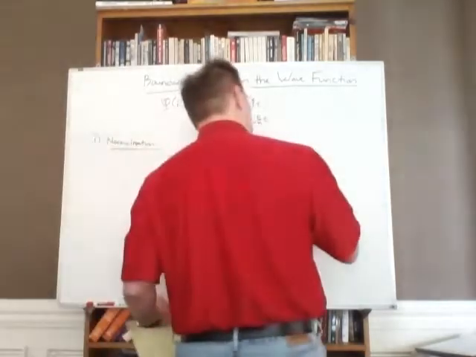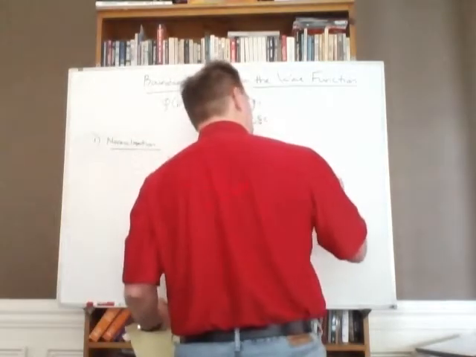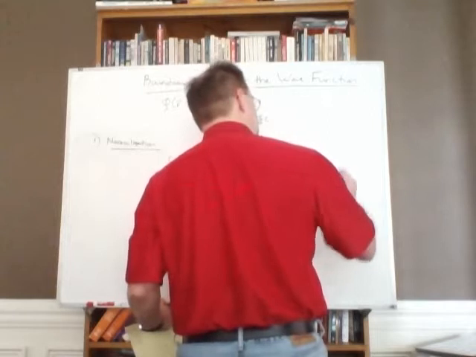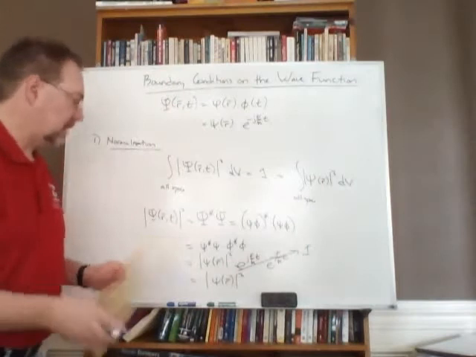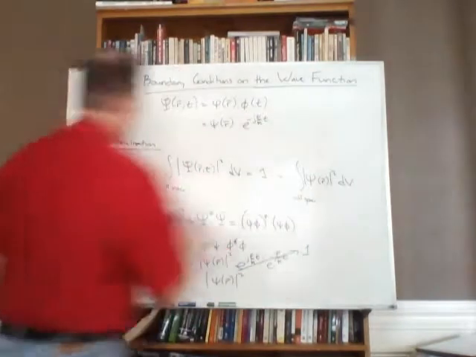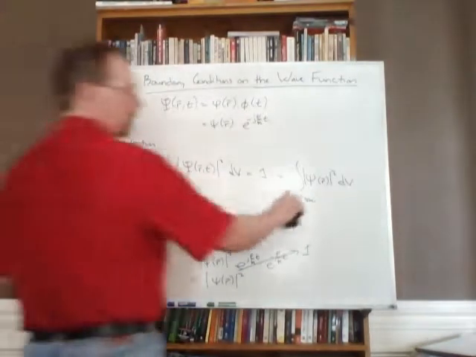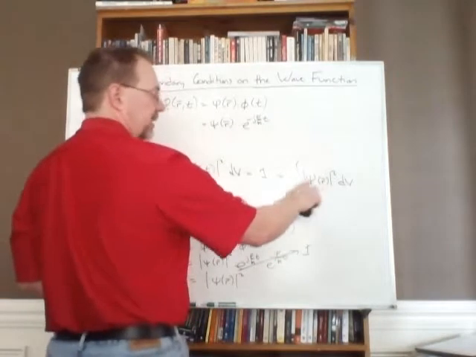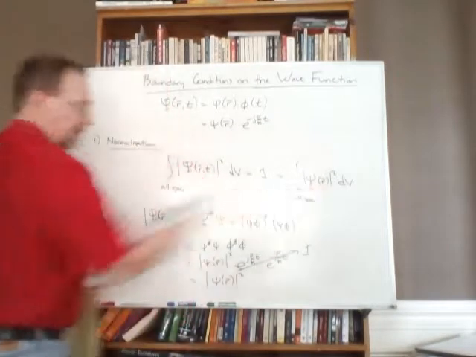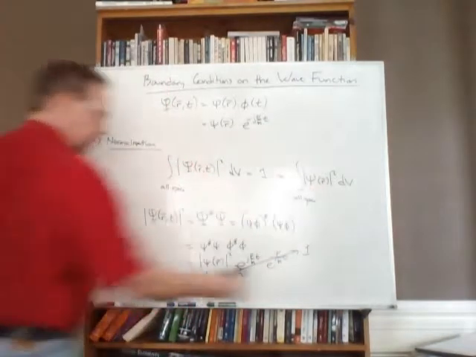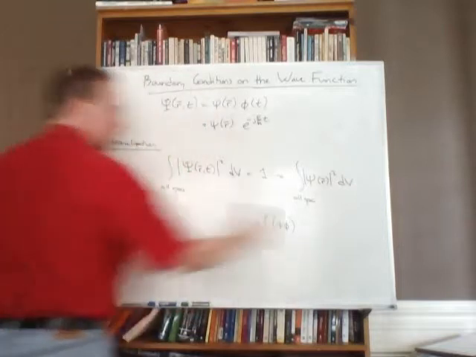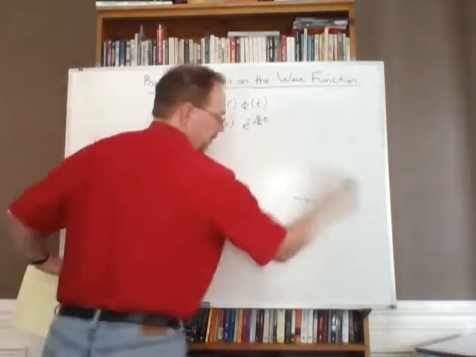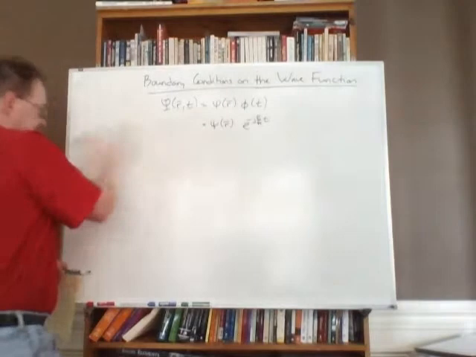So integrating over all space the square magnitude of little psi, that's equal to 1. All right, normalization. We integrate psi star psi, the little psi, over all space, that's equal to 1. And that really means physically that the particle exists somewhere in space.